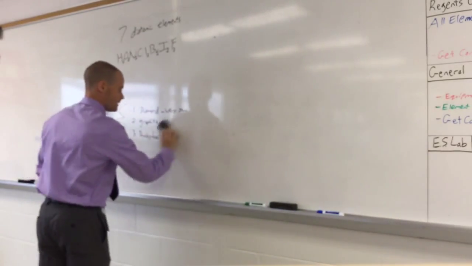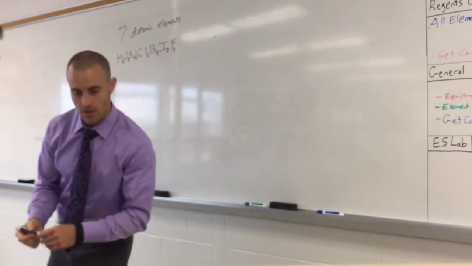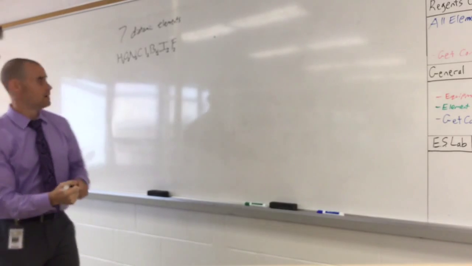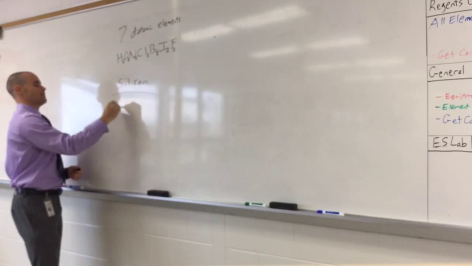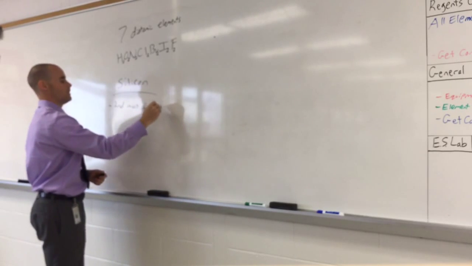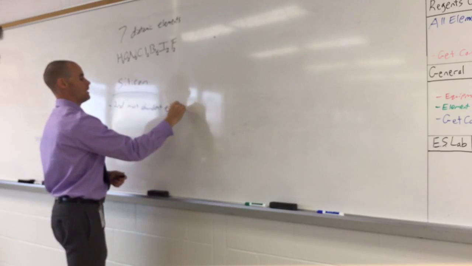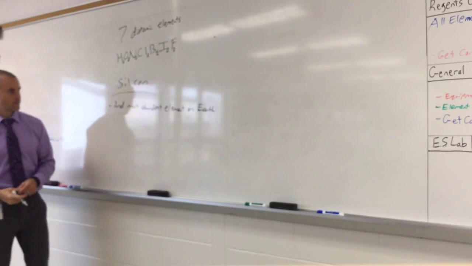Moving on. Let's talk about, let's see, what was next? I think silicon's on my list here. Yeah. Silicon. It's the second most abundant element on Earth. There's a lot of it in the ground.